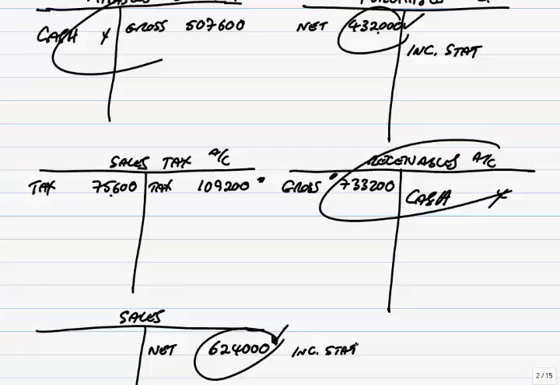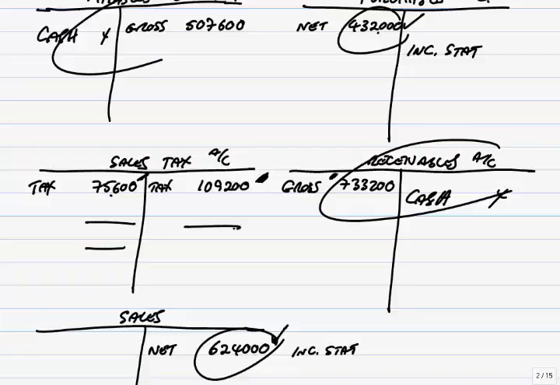Finally, though, what about sales tax? Remember, the 109,200 was the tax we've charged our customers and has to be paid to the state. But remember that the amount we pay, we deduct from that any tax we've suffered, which here is 75,600. And so, how much do we owe to the state?